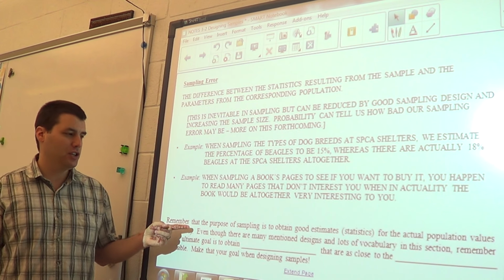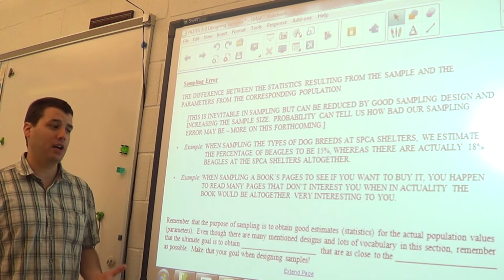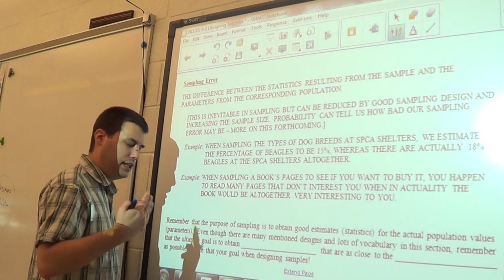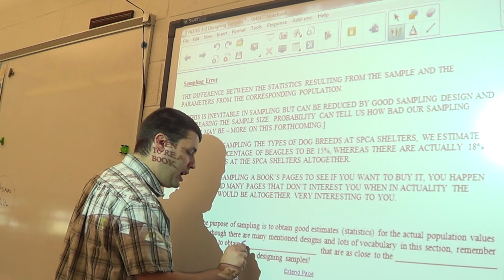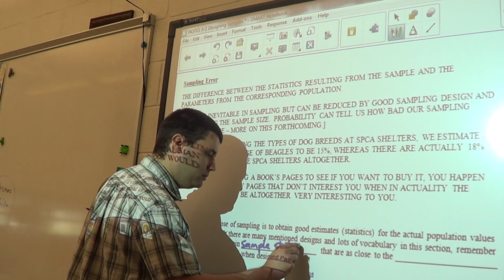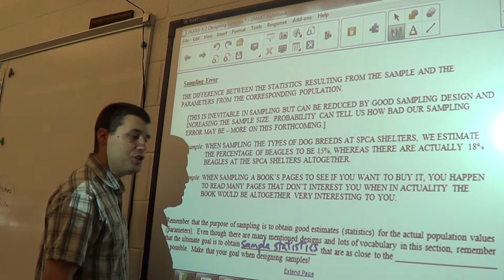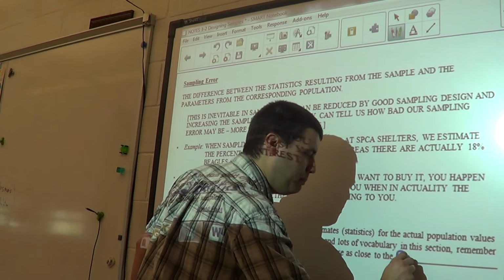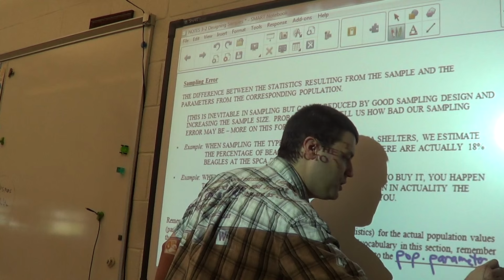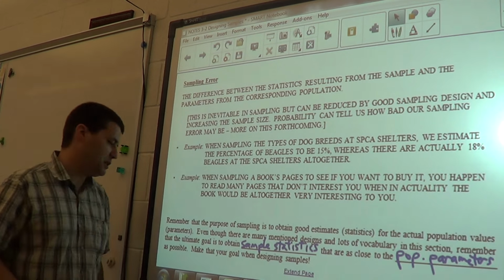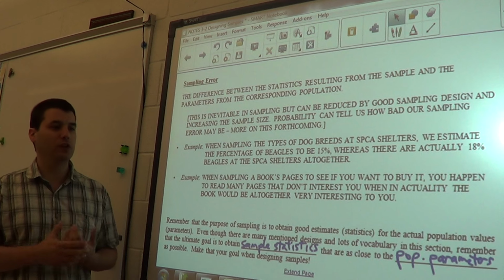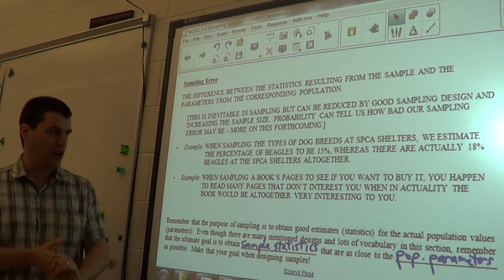Even though there are many designs mentioned and lots of vocabulary in this section, remember that the ultimate goal is to obtain sample statistics that are as close to the population parameters as possible. Make that your goal when designing samples. And again, if this was hard to see, feel free to look at the filled out version that you should have access to.